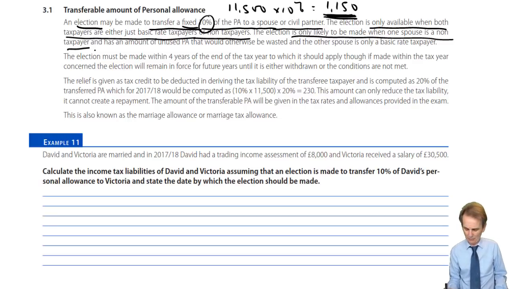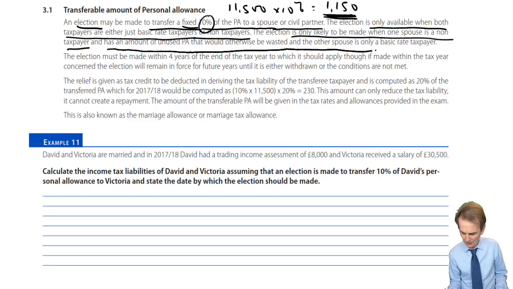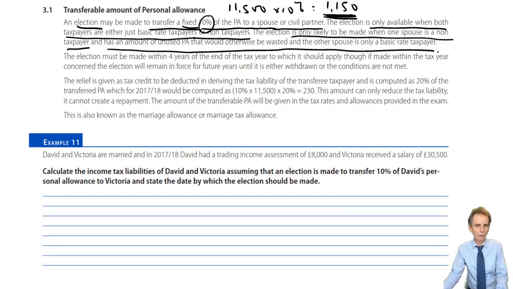What we see here, therefore, is when one spouse is a non-taxpayer, has an amount of unused personal allowance that would otherwise be wasted, and the other spouse is only a basic rate taxpayer. So what you're looking for, where this is going to be, again, a good idea, a suggestion that you would make, a proposal to improve the tax position of the taxpayer spouses.